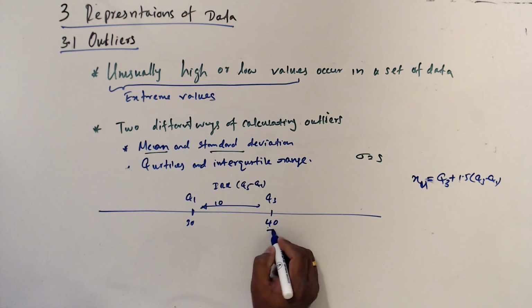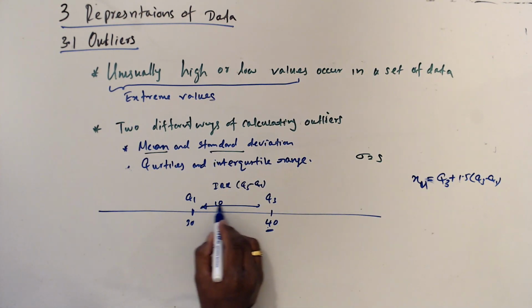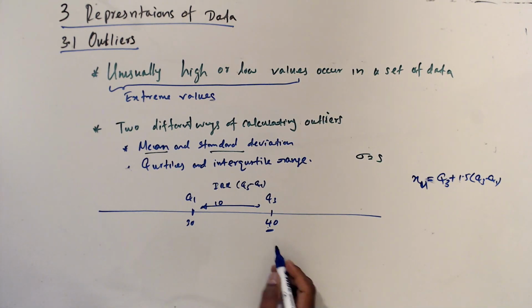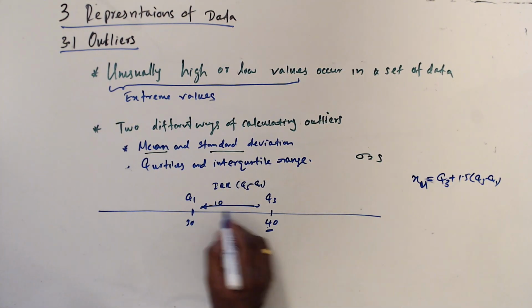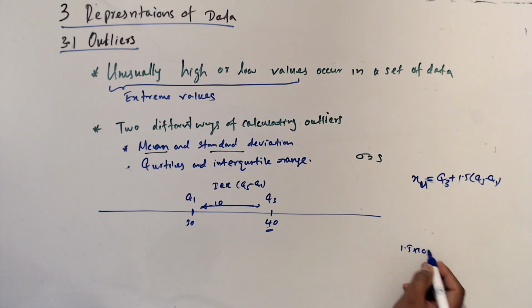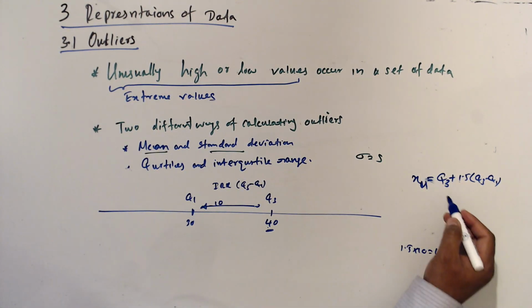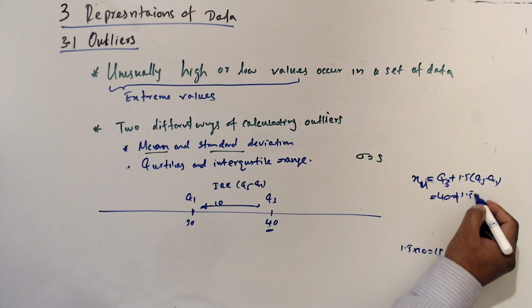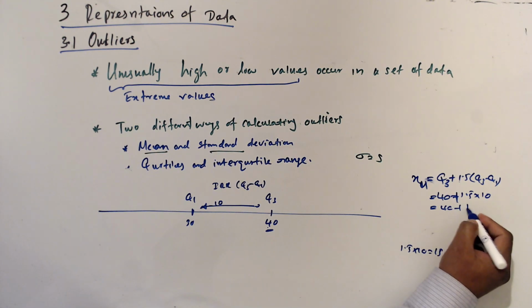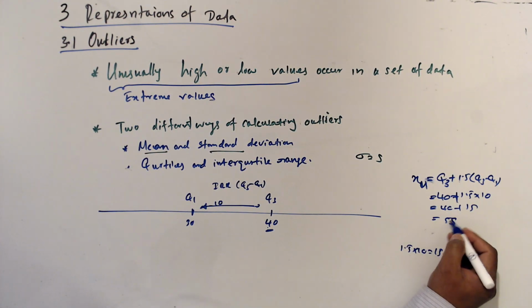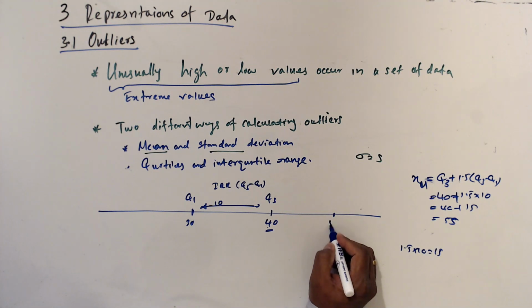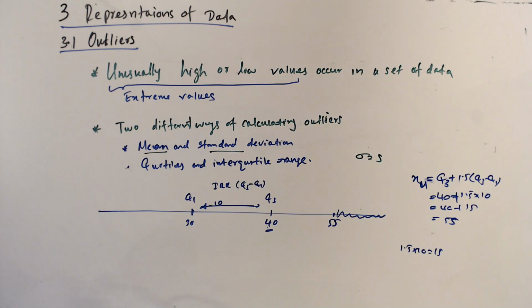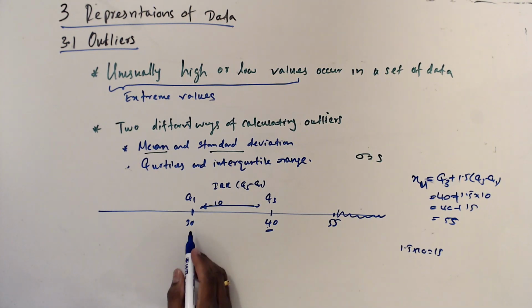Q3 is 40 and 1.5 times 10 is 15, so 40 plus 15 is 55. The upper boundary is 55, so this is the outlier area. Any number in that area is going to be an outlier.